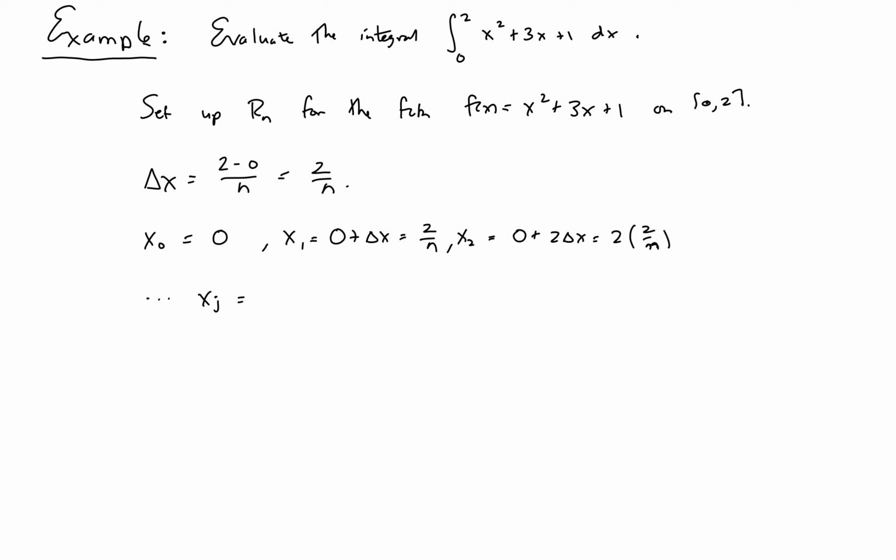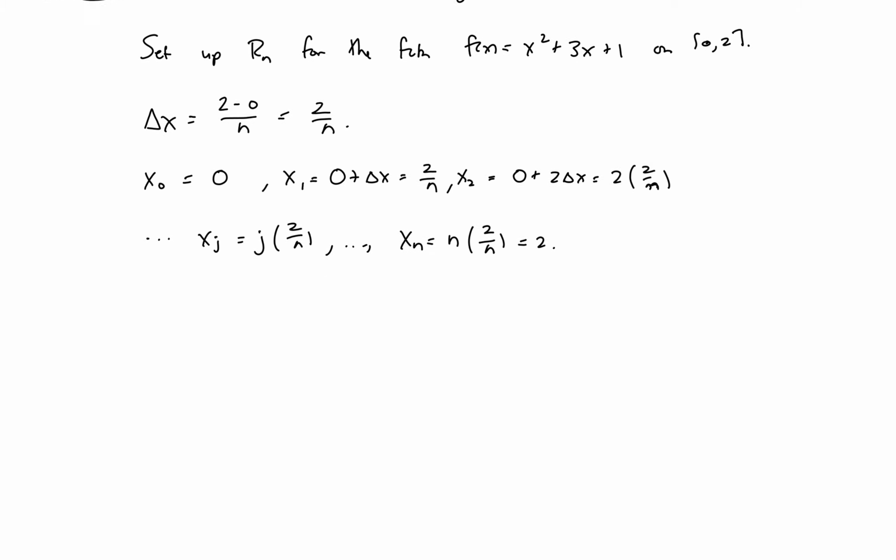So xj would be j times 2 over n, all the way to xn, which is n times 2 over n, which is just the right edge of the interval, 2.